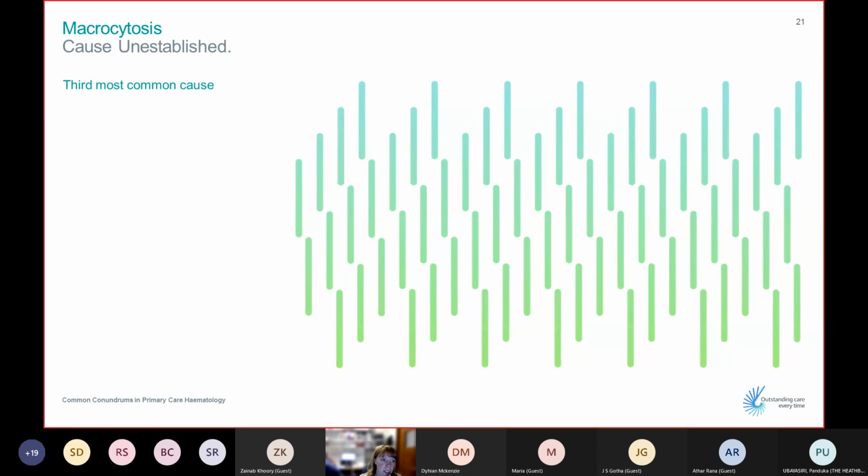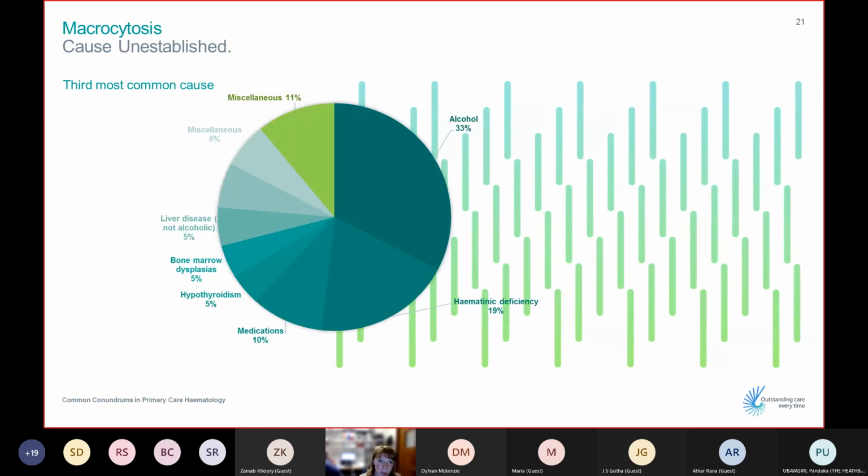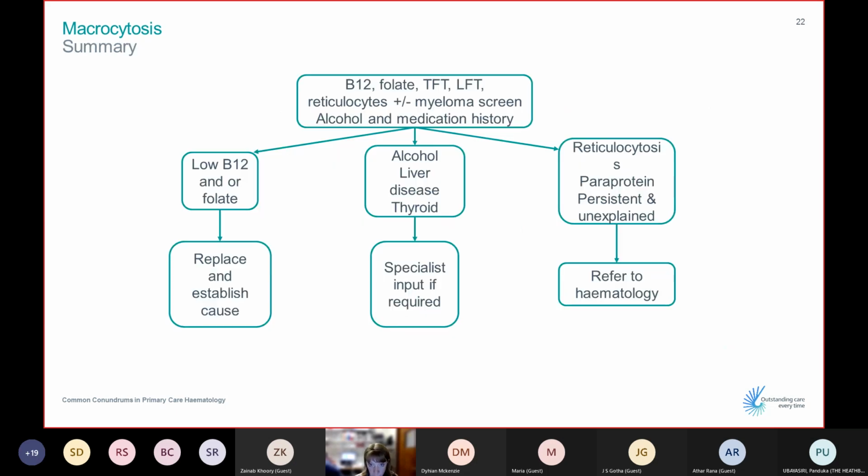However, in the main study, the third most common cause, as we can see here highlighted in the lime green, that should actually say unestablished. So what do we do with these patients when the cause is unestablished? So this is a quick summary. It shows the tests that we've talked about.